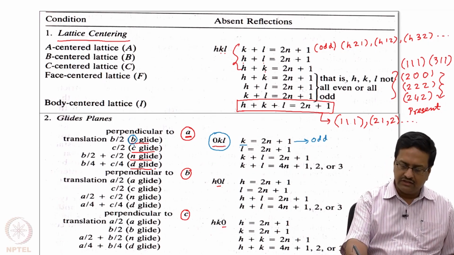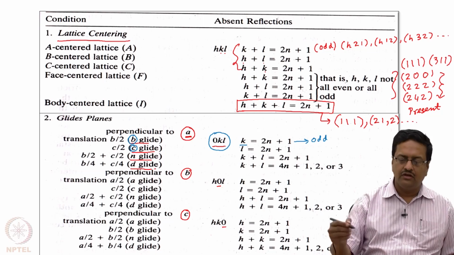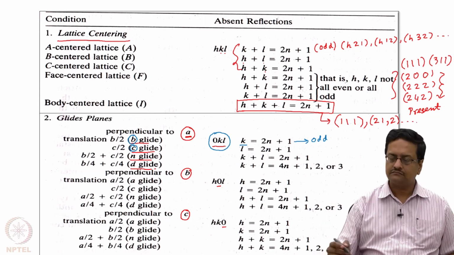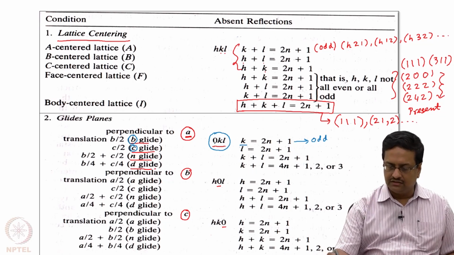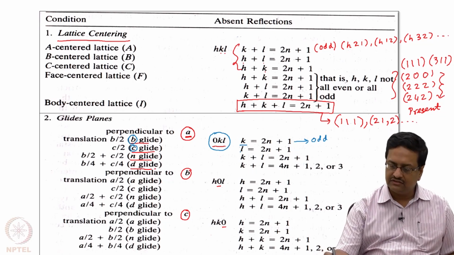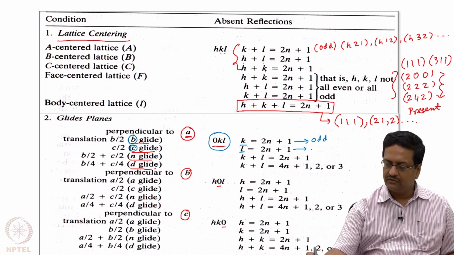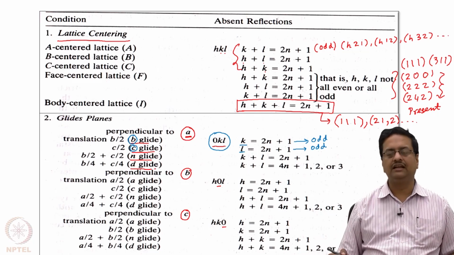In the same manner, when it is a C glide, which means a translation along C, the set of 0KL reflections with L equal to 2n plus 1, so n odd, becomes systematically absent.